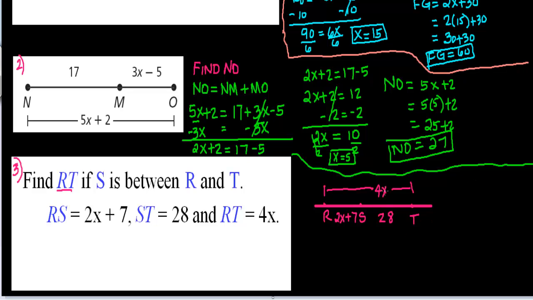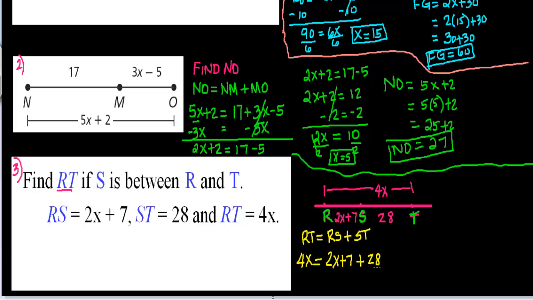So let's write the segment addition postulate first. I know that RT is going to equal RS plus ST. Let me write these letters in a different color so you don't confuse them with the expression S and T. Okay. So RT, how much is RT? RT is 4x. I substitute it. How much is RS? 2x plus 7. And how much is ST? 28.